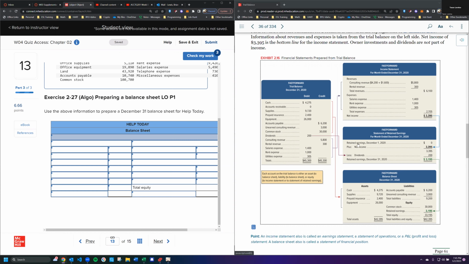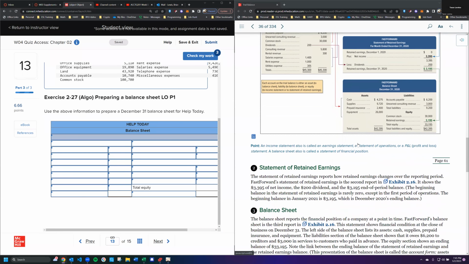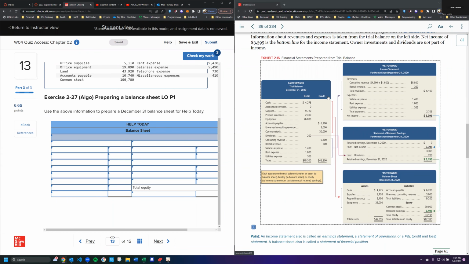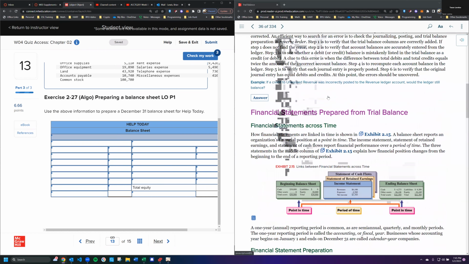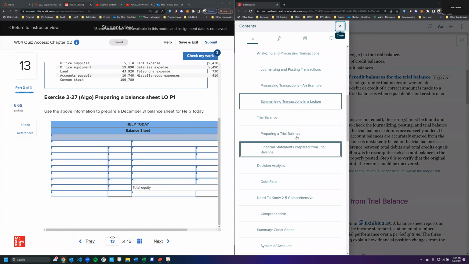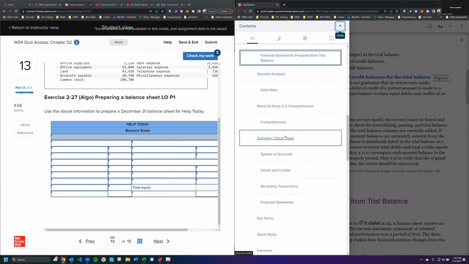And the easiest thing to do is to come to these graphs, these exhibits that are in McGraw-Hill. In fact, as just a little side note, the summary cheat sheet is on every single chapter.